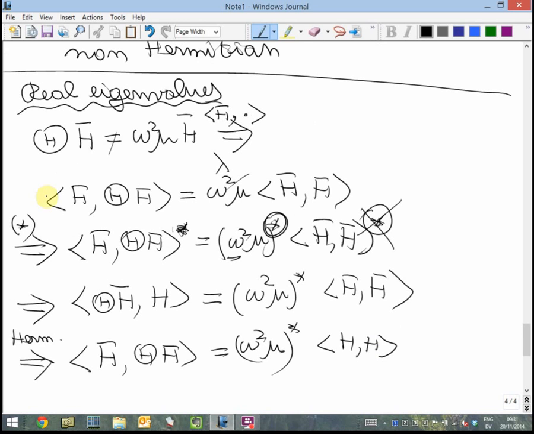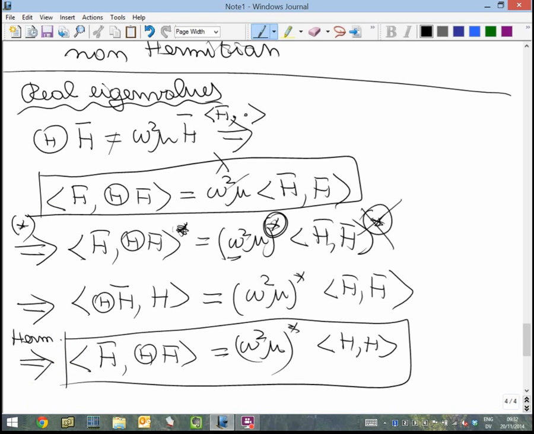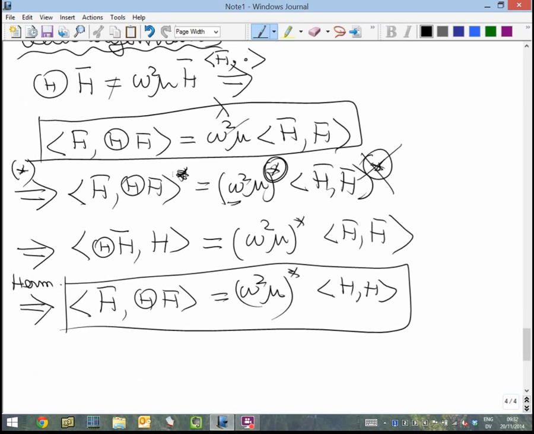We started out from an expression like this, and we've also shown that the following expression holds. And now it doesn't take rocket science to figure out that the conclusion from that is that omega squared mu is equal to omega squared mu complex conjugate, right? Because that's the only thing that's different in these two equations, which have the same left-hand side. So therefore we have proven that our eigenvalue is real for the Hermitian operator.